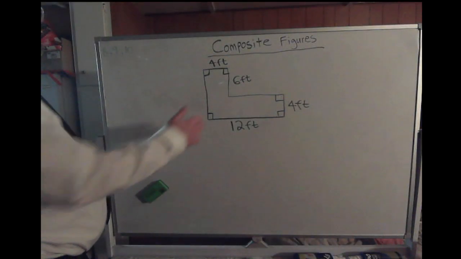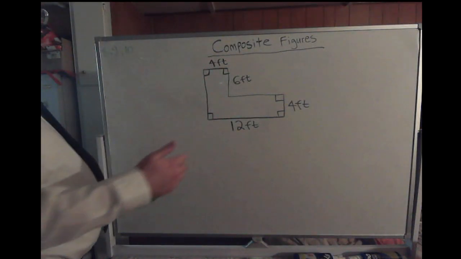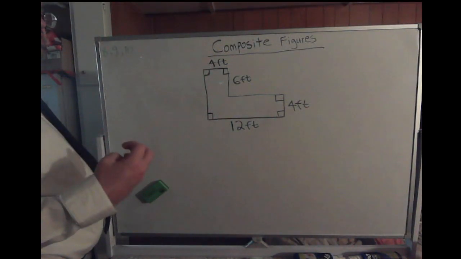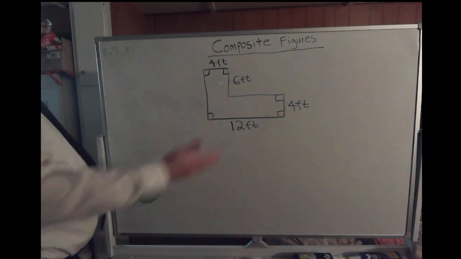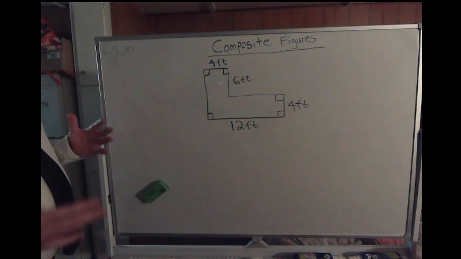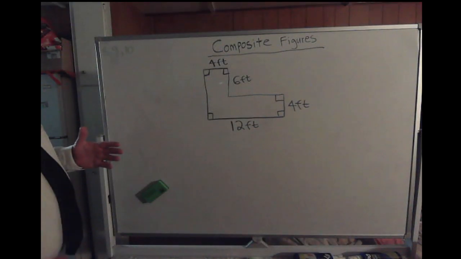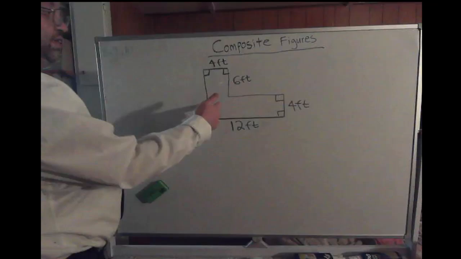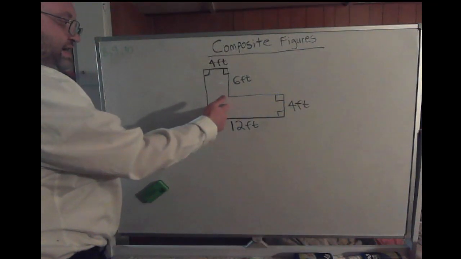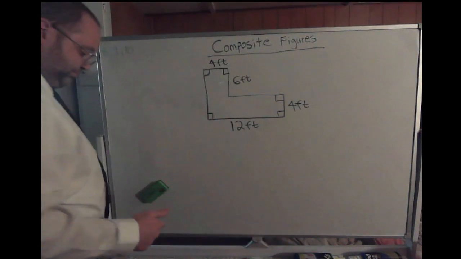Composite figures are something such as this, where you have two shapes fused together that creates a unique shape. And every composite figure is unique in how you're going to evaluate them. Here we clearly see what looks like two rectangles put together.